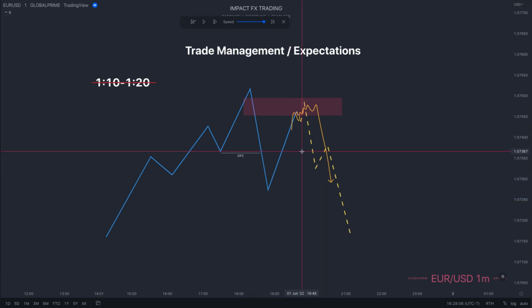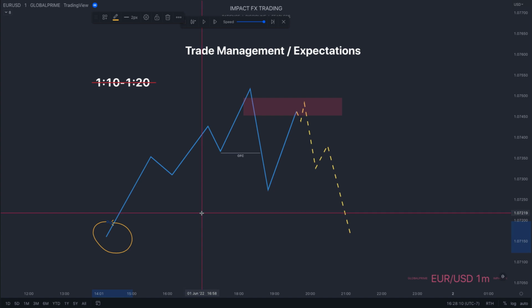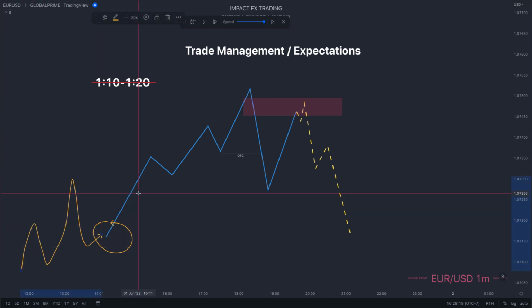Now, your overall target could potentially be this demand zone. But when we think about structure, this area of price, for instance, the market could have potentially looked something like this, and there could be a sell to buy candle here that took out this previous area of price.